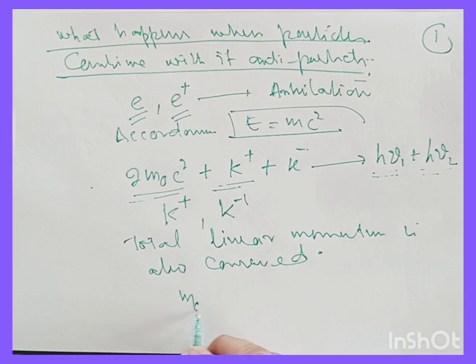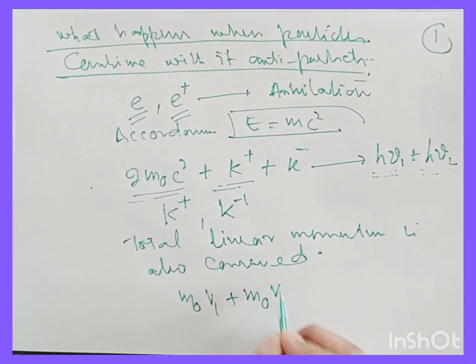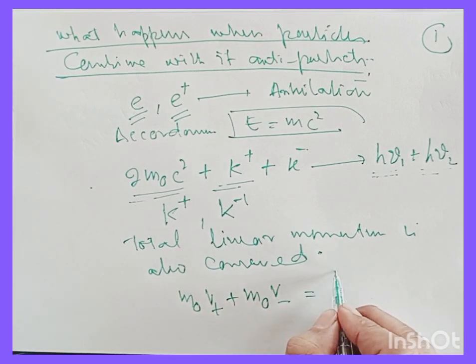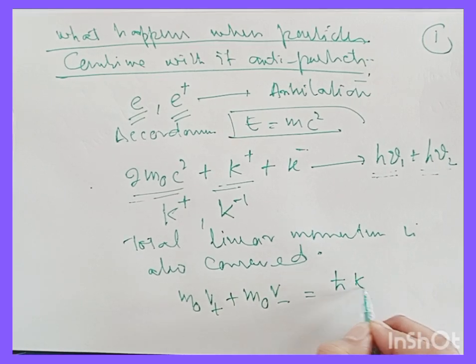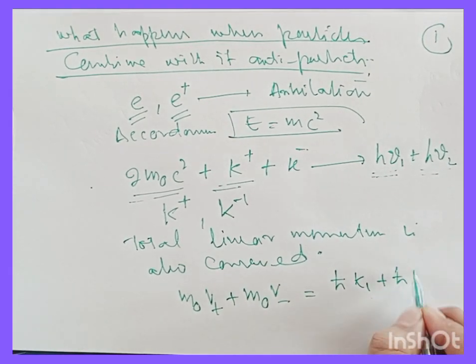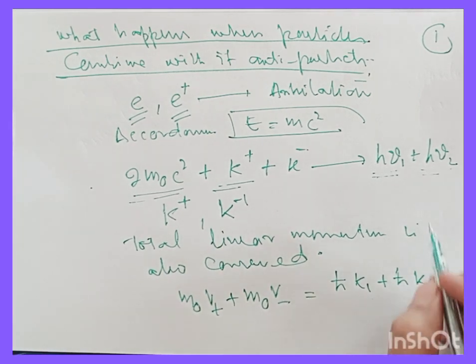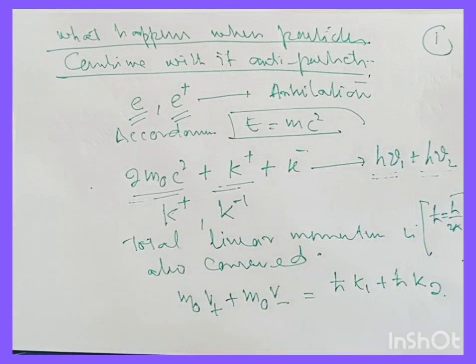In accordance with m naught v plus plus m naught v minus, which is equal to h cross k1 plus h cross k2. This k1 and k2 are the propagation vectors. And what is h cross? It's the modified Planck's constant, h by 2 pi.